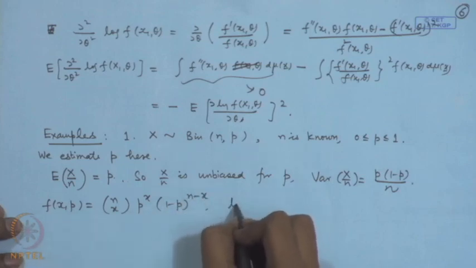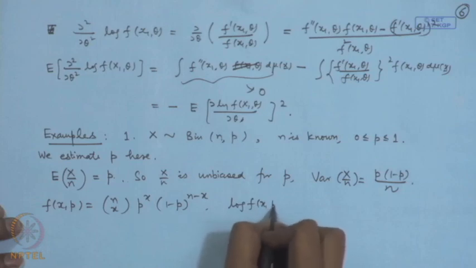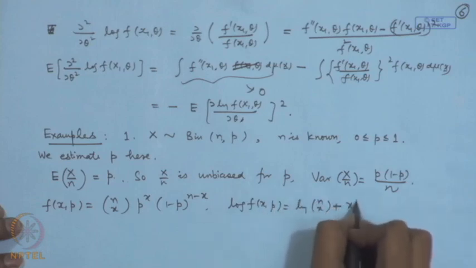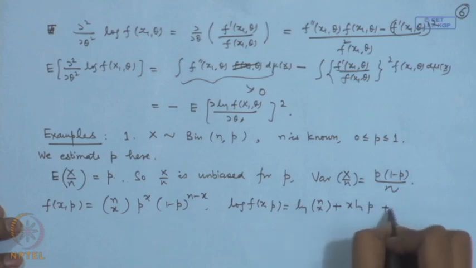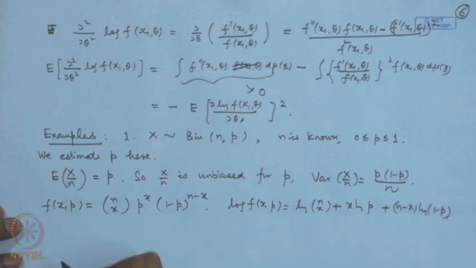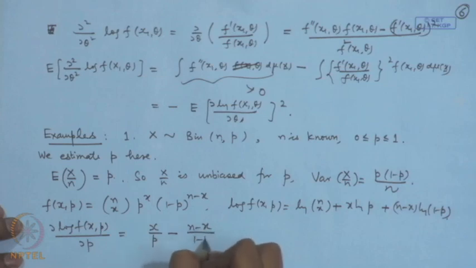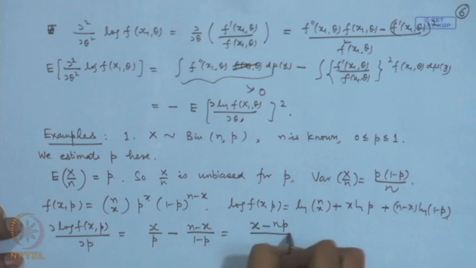So, we take the log of this, that is equal to log of nCx plus x log p plus n minus x log 1 minus p. So, the derivative of this with respect to p gives x by p minus n minus x by 1 minus p, which we can write as x minus np divided by p into 1 minus p.